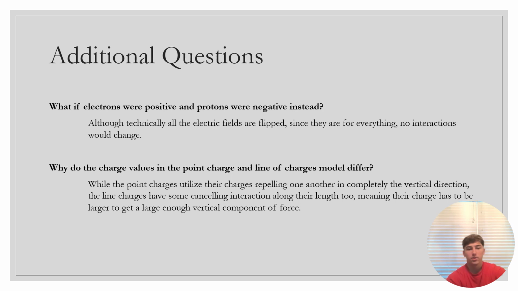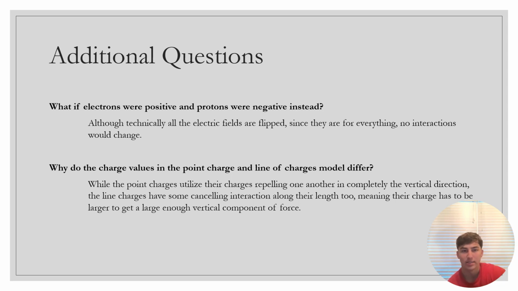And then why do the charge values in the point charge and line of charges model differ? So the reason this happens is our point charge model can utilize their charges repelling one another just completely in the vertical direction since they're right above each other. Whereas for our line of charges, there are actually interactions going left and right too, such as a charge at the end being pulled towards the middle as well, since there's more charges on the side, on the bottom.